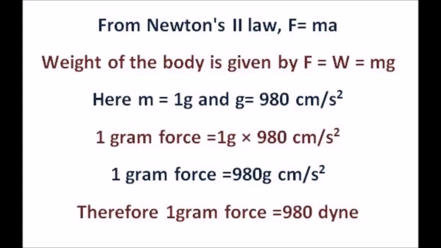Here m is equal to 1 gram, g is 980 centimeter per second square. 1 gram force is equal to 1 gram into 980 centimeter per second square. Therefore, 1 gram force is 980 gram centimeter per second square, which is nothing but 980 dyne.